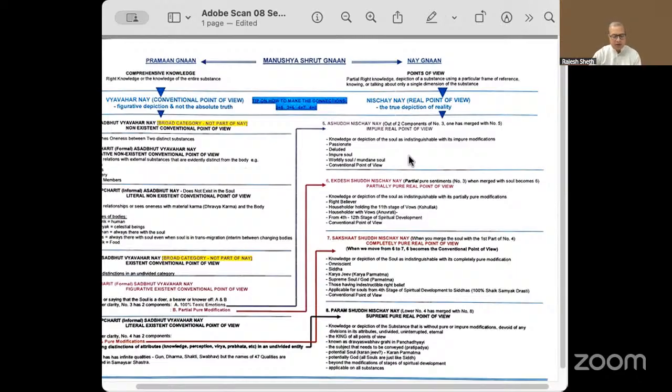One must note here that this point of view, number 5, makes the statement about the whole substance, I am angry, based on its impurity. Okay, I am angry. He is considering the whole substance as angry.